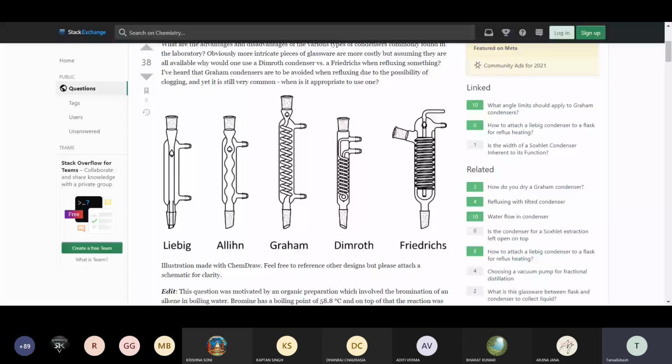So there are different types of condenser, and depending on different requirements and different situations, one can use the different types of condensers. If your solvent is very volatile, in that case someone can use this Graham condenser.